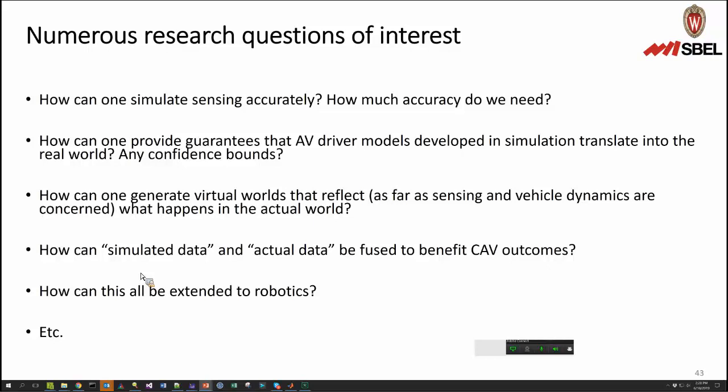This translational attribute is not that clear, and this is a very important question. How should you generate virtual worlds? How can you fuse simulation data and actual data to benefit the task of deriving AV driver models? And looking beyond autonomous vehicles, certainly there's an opportunity to use something like this in robotics.